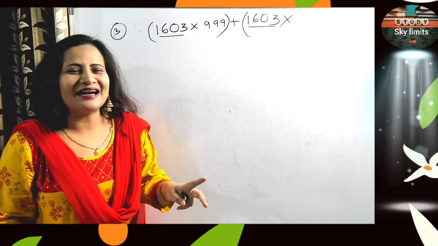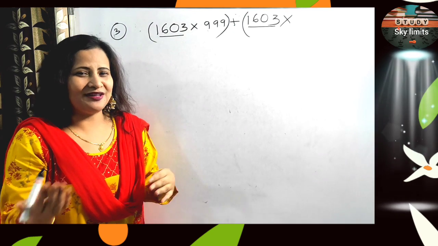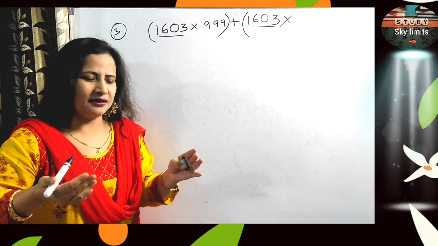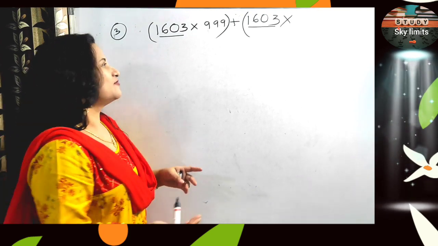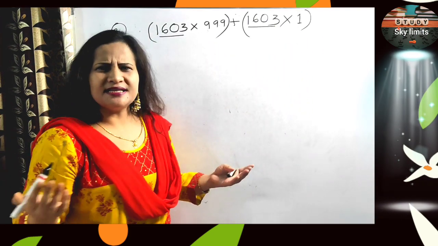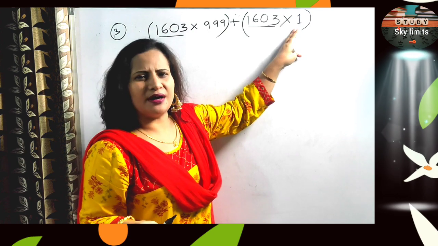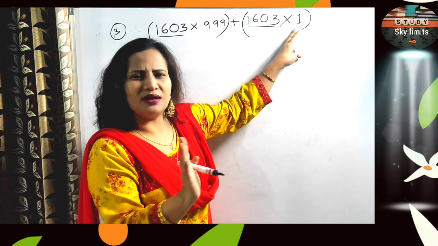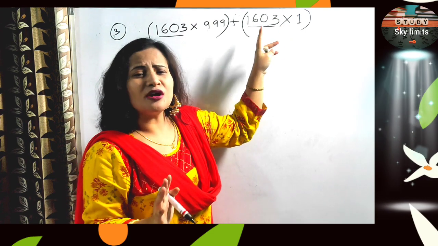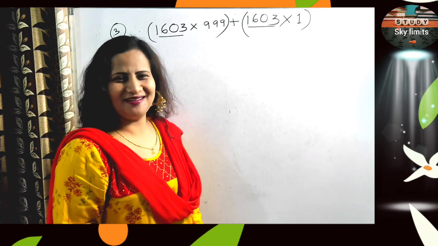So we know the multiplicative property of 1. What does it state? If you multiply 1 with any number, the answer doesn't change. The number remains, the answer is the number itself. So if I write 1 here, does it make any effect on 1603? By multiplying it with 1, I have given a multiplication pair to 1603, but this is not changing the value of 1603. It is remaining 1603 only, right?